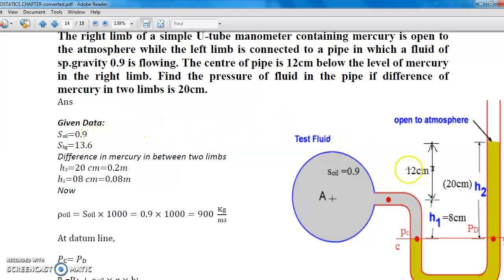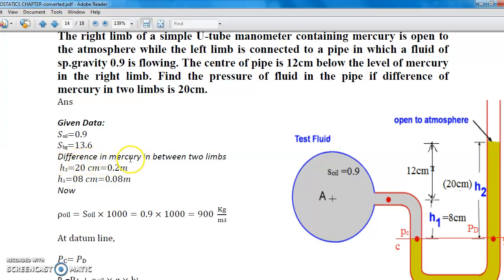Another thing, this is a manometer containing the manometric liquid, and the question says the manometric liquid is mercury. So all of you know that you have to remember this value: the specific gravity of the mercury is 13.6. Then another data is given.